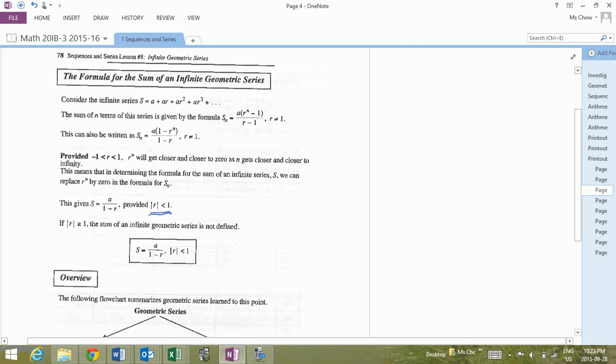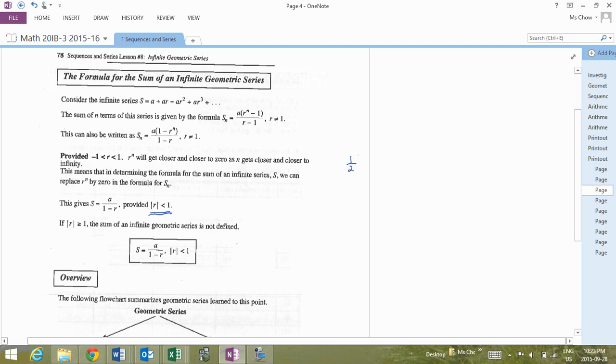So what they're indicating right here is, provided that r to the n is a fraction or a decimal less than 1, which is referring to the absolute value, then it gets closer to 0 as n gets closer and closer to infinity, right?